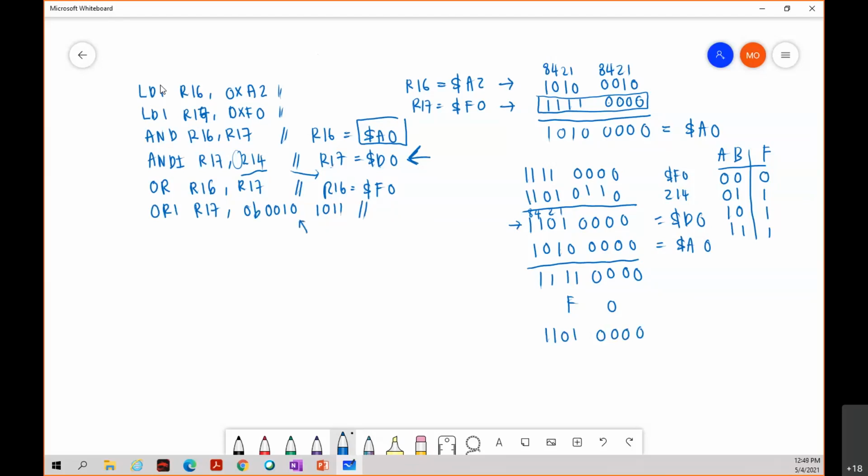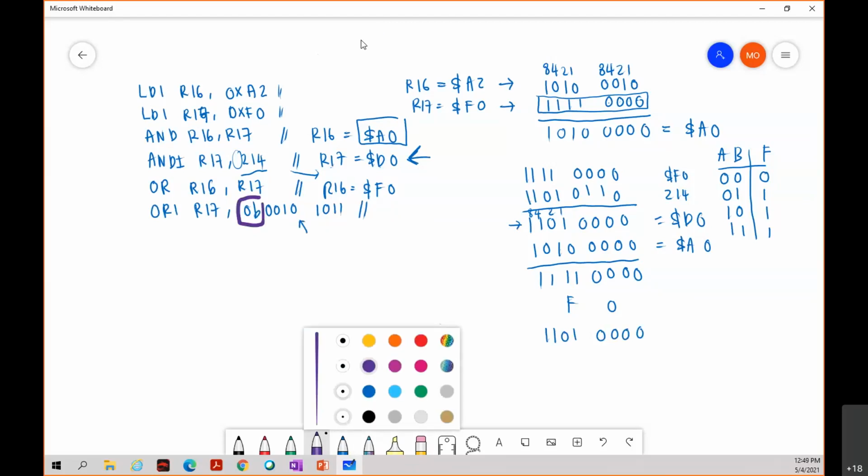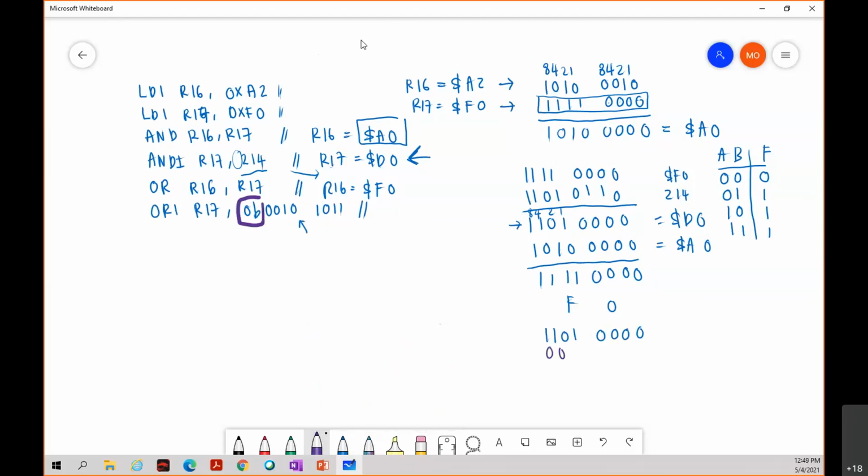Now you're going to do a logical OR with an immediate value. This immediate value is in binary numbers, so there is no need to convert them. You can simply take the number and do the logical OR. So this is 0010 and 1011.